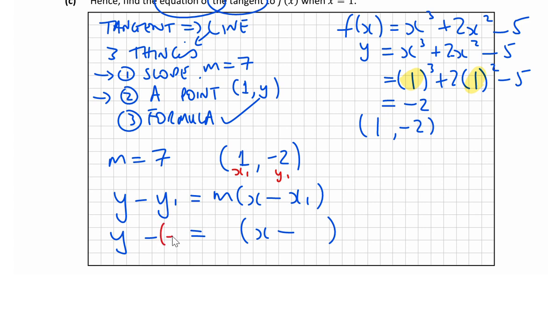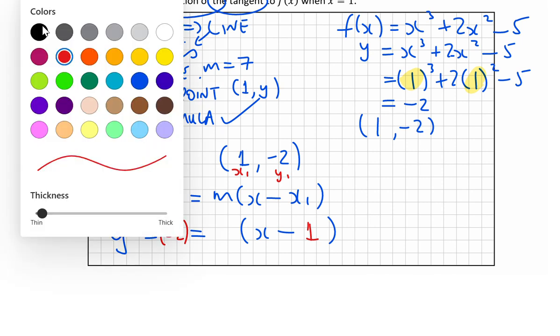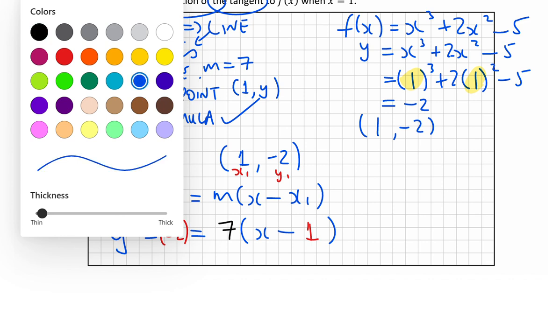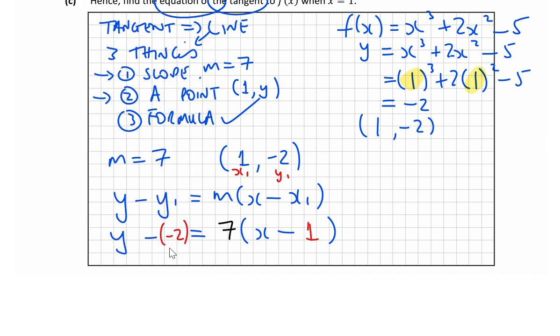Well, y1 is minus 2, put in brackets. There's 1, that's normal, and m is 7. So we now go and tidy this up. Always tidy up before you go any further.